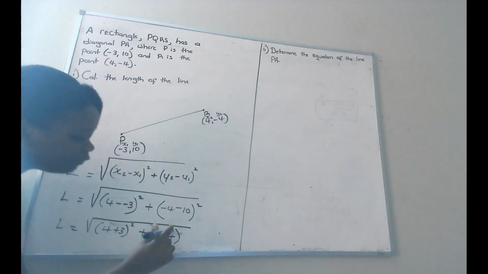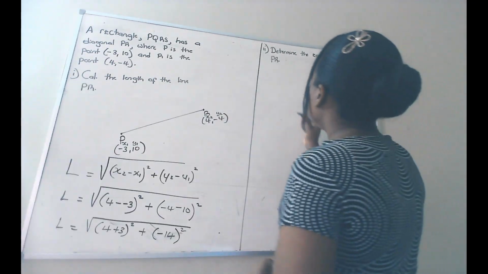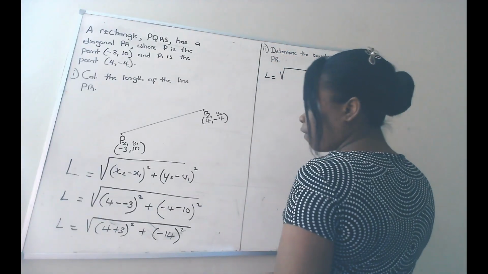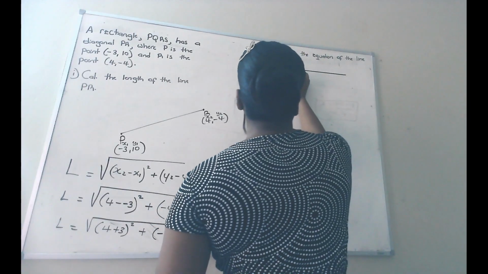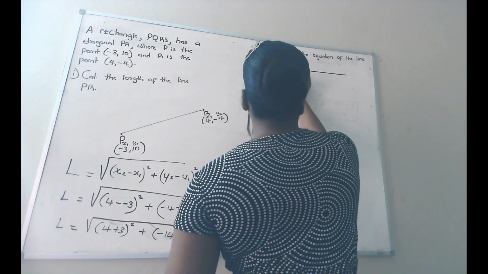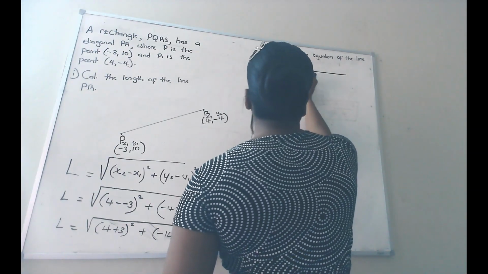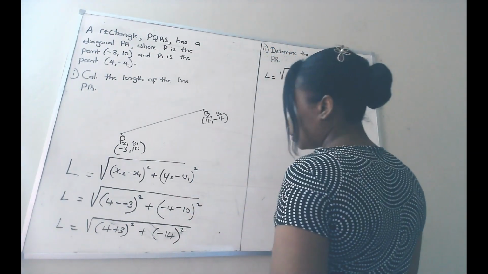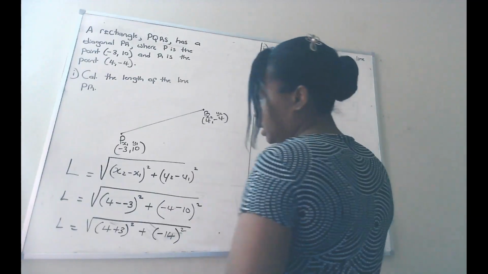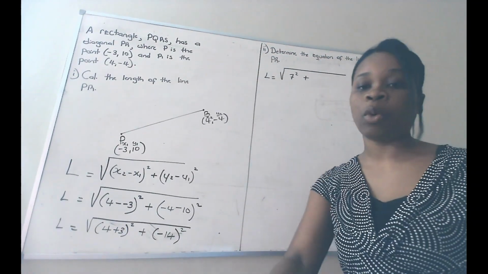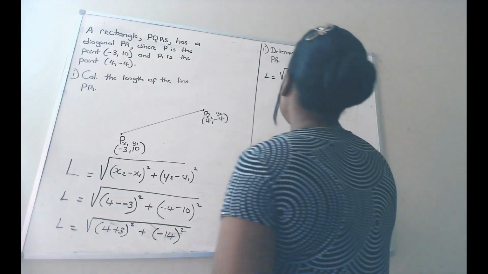So minus 14. So L is equal to the square root of (4 plus 3, that is 7) so 7 squared plus (minus 14) squared. When you punch that into your calculator, that is equal to 196.